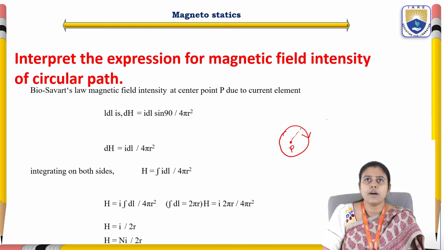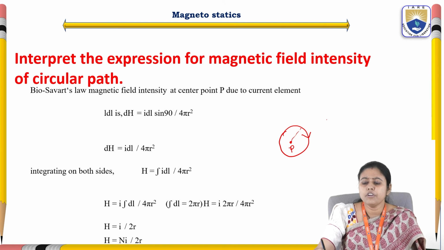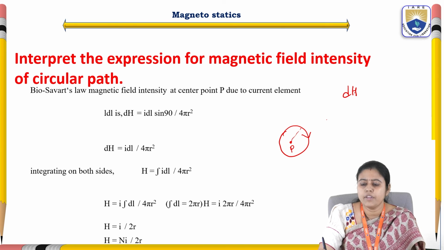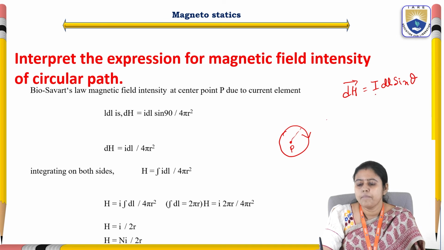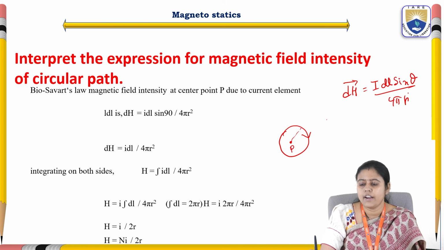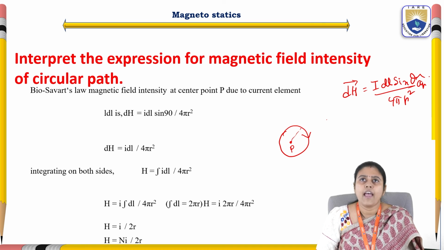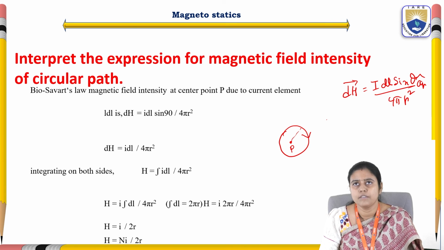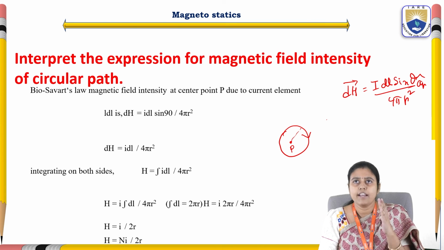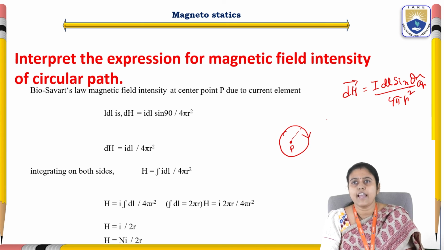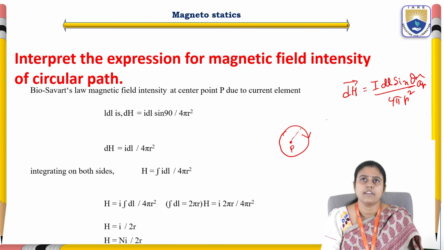So according to the Biot-Savart law, we can write dH is equal to I dL sin theta by 4 pi r square. So what is the angle? It is known that the radius always makes a 90-degree angle with the arc of a circle.